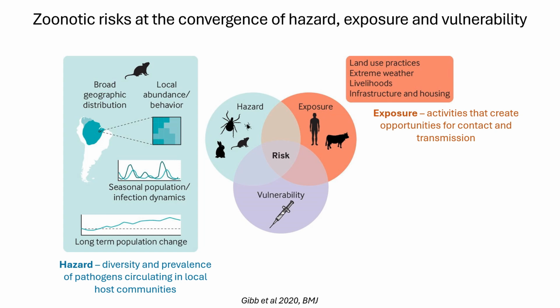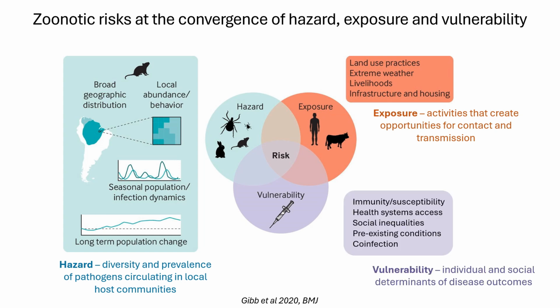And we have exposure being activities that create opportunities for contact and transmission, things like land use practices, climate extremes, livelihoods, housing and infrastructure. And then individual and social determinants that shape the degree to which people and societies are vulnerable to infection. And that includes things like physiological immunity and susceptibility, as well as social factors such as health systems, access, inequalities, and things like pre-existing conditions and co-infection.